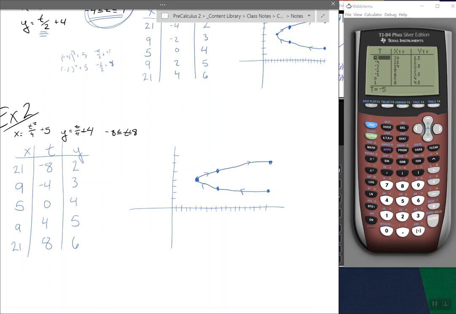So if we go up here to the problem that we just did, I'm going to do t squared divided by 4 plus 5, and then t divided by 4 plus 4. And then I'm going to change in the window setting here, this from -8 to 8.